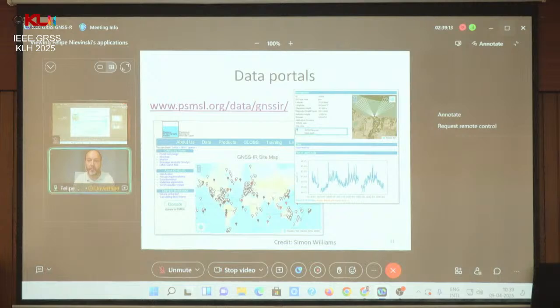And I looked up, there are no stations in India, and I suspect this might be related to the data sharing policy. They found one station in Bangladesh, which was the closest one. So if you can get Indian stations publicly available, you can ask Simon to handle these stations.